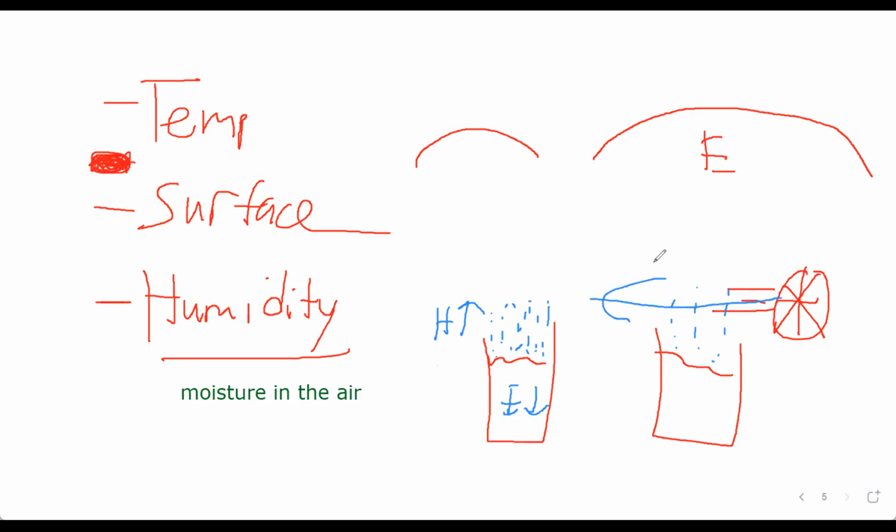And when it blows it all away, it's like the moisture is not in the air again. And then once again, the evaporation will increase and so on. That's why if you place any cup in front of a fan, it will usually cool down much faster, because evaporation continuously absorbs energy and the moisture is continuously blown away, reducing the humidity, and the whole thing goes on and on.